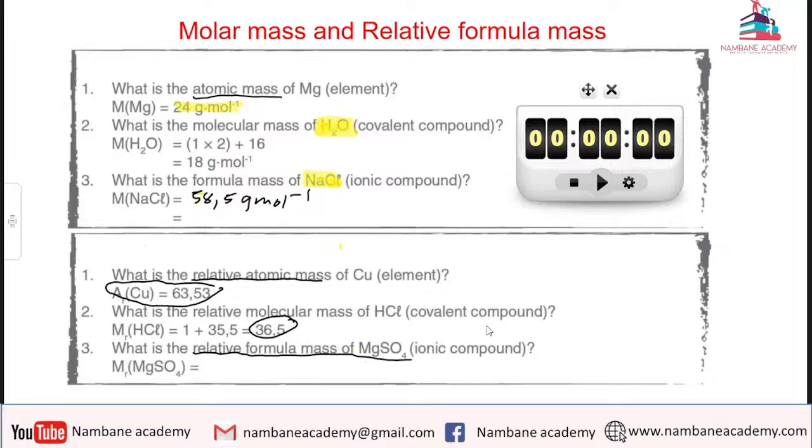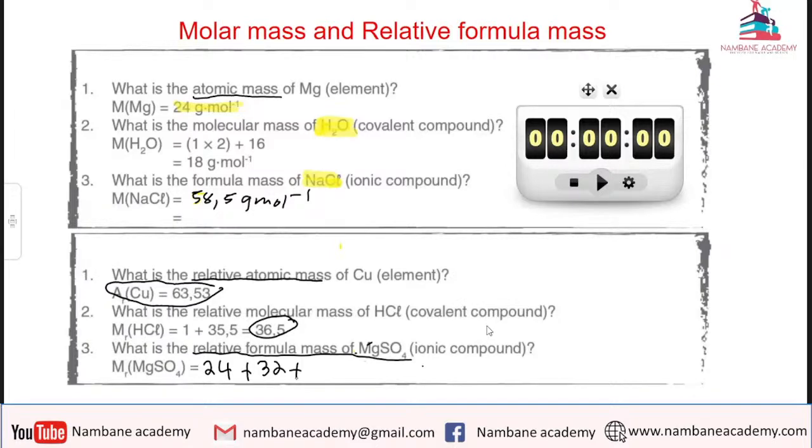Let's see if we are all on the right track. Now, Mg is 24 plus S is something like 32 plus 4 multiplied by 16. That will give you now 120. So that is not a problem at all.